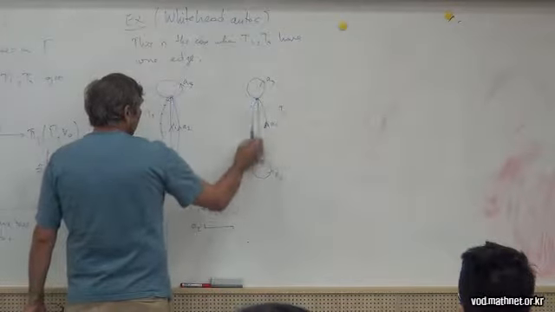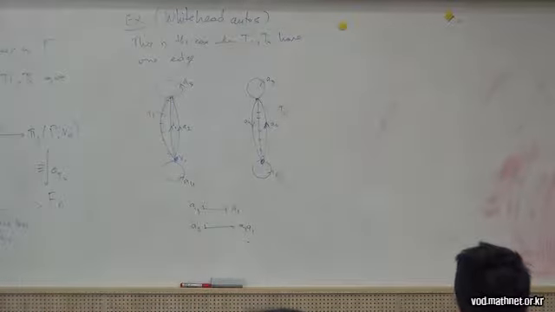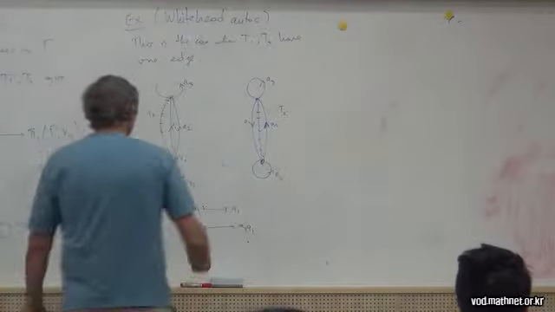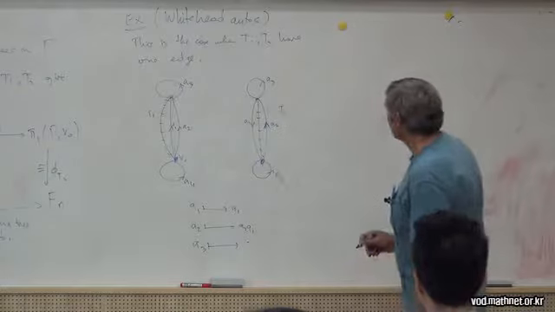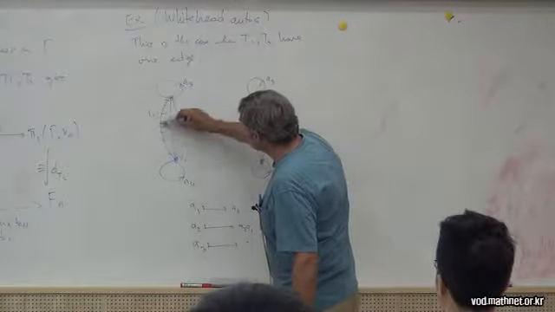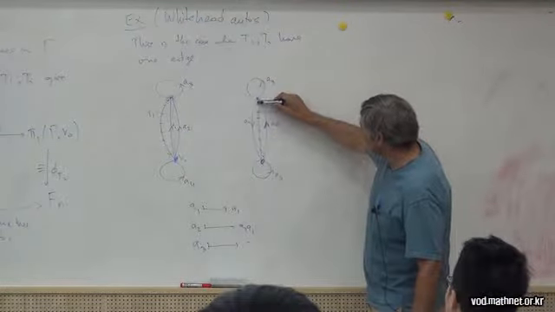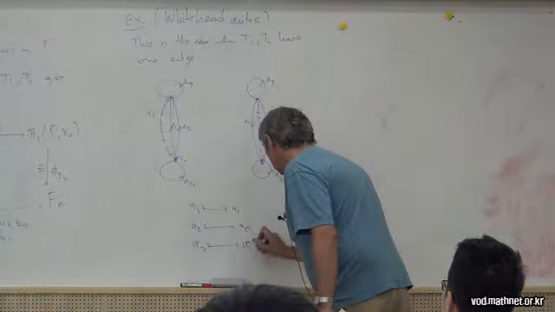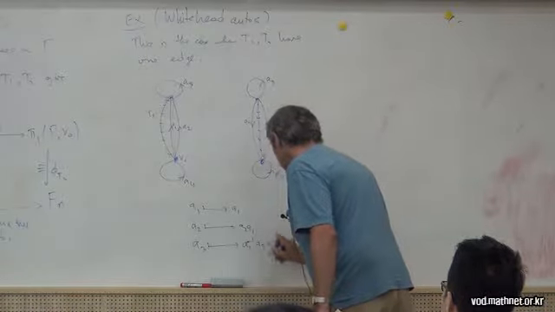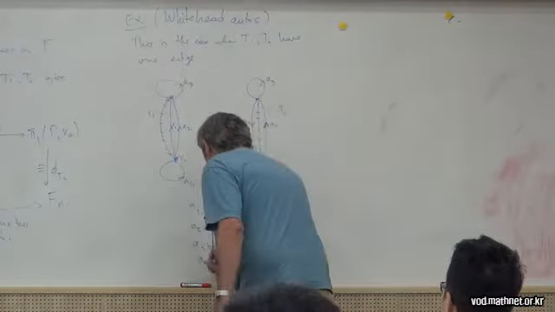So this goes to A2A1. It looks like a Nielsen automorphism. Where does A3 go? I'm going up on the red, then doing A3, and then coming back on the red. So over here, that's going to mean A1 inverse, A3, A1. And A4 just goes to A4.